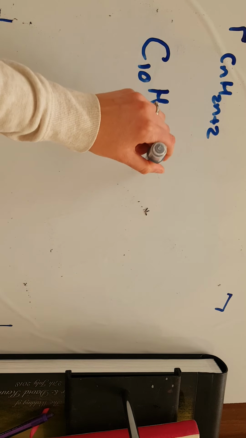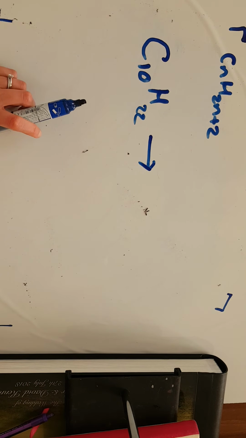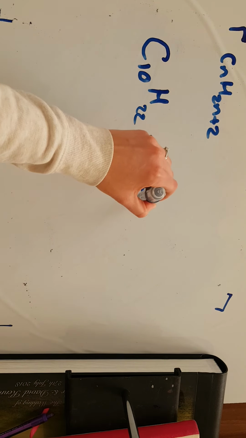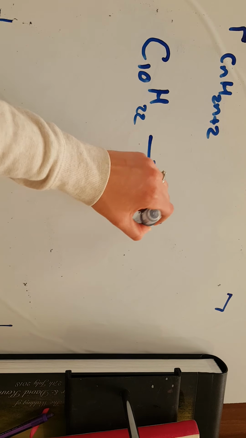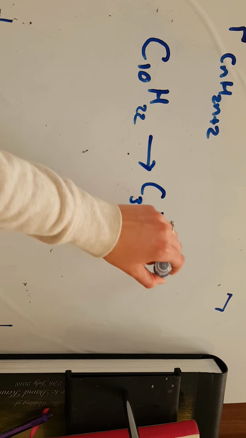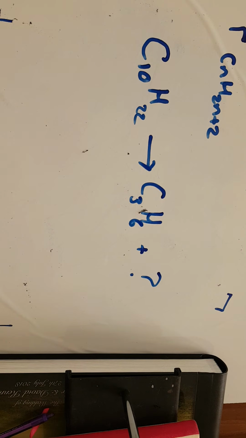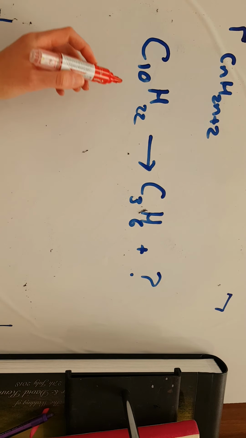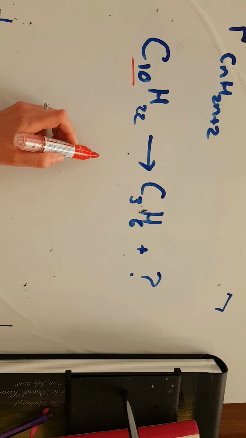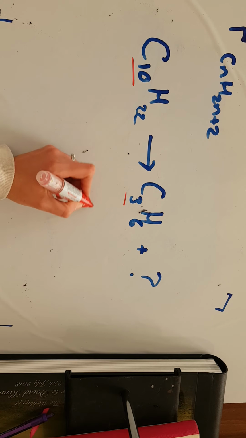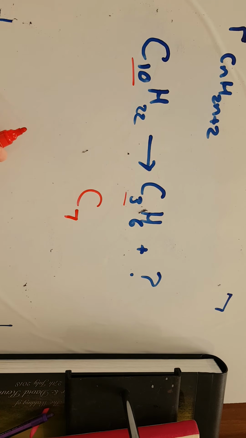Okay, that is going to get split into, I'm going to say, C3H6 and something else. So your challenge would be to work out what that something else was. So what I suggest you do here is say, well, if you started off with 10 carbons, you've now got 3, means you must have 7 in that final product.